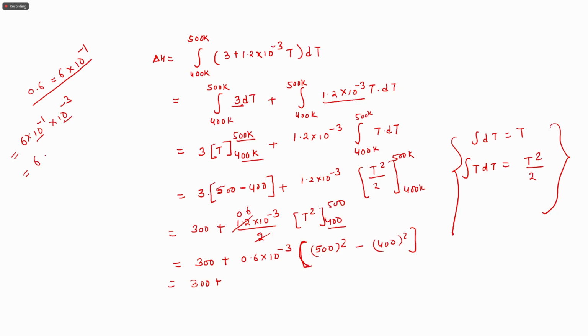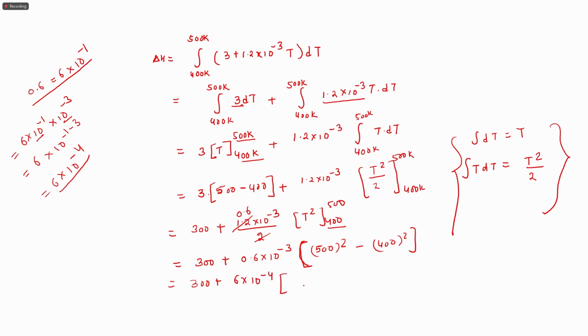Then we add the power. So if we add the powers, then what will become? Minus 1 minus 3. Then what will we get? 6 into 10 to the power minus, minus it will become plus. So 3 plus 1 will be 4 and the sign will remain minus. If we write 0.6 into 10 to the power minus 3, we can write it also as 6 into 10 to the power minus 4.